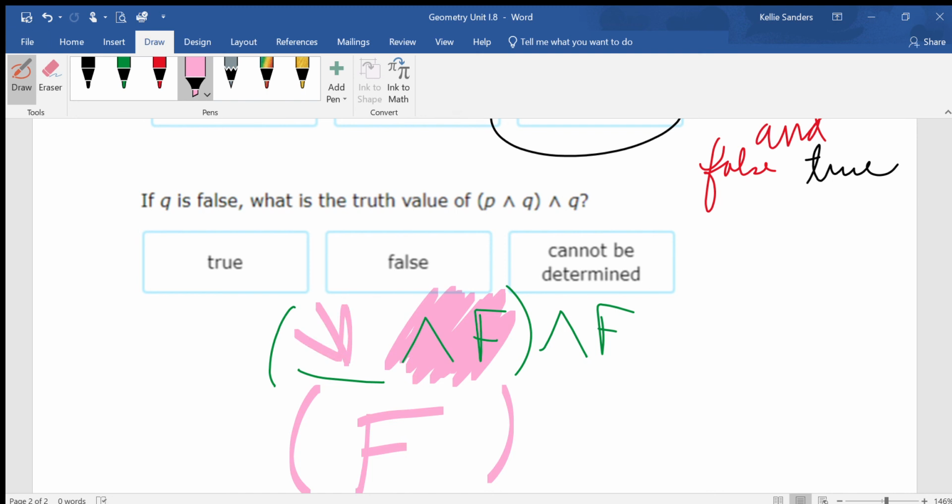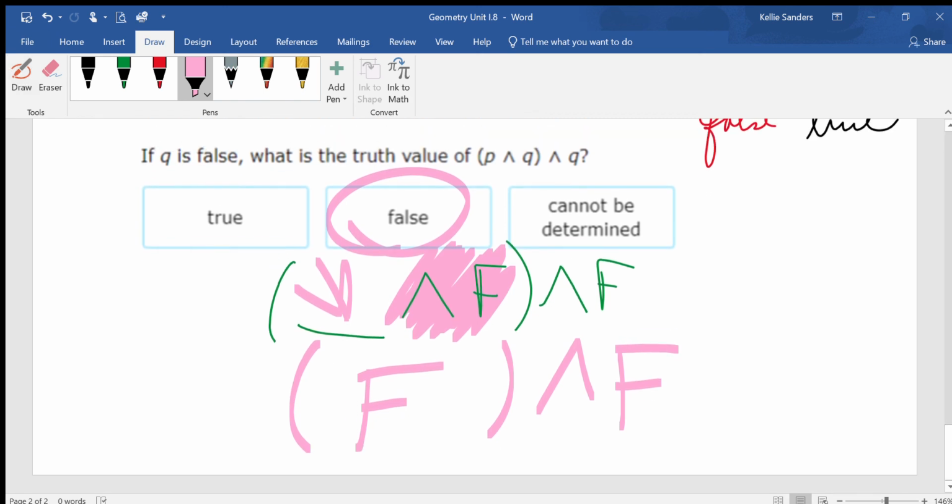Even though we don't know what it is, it doesn't matter because that statement's going to be false. And then if I finish it out, what's false and false? False. That's it. Have fun.